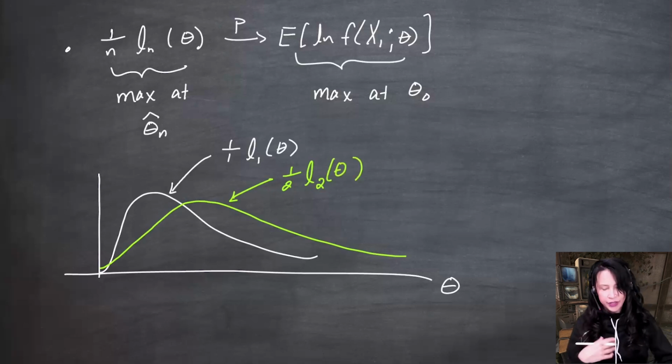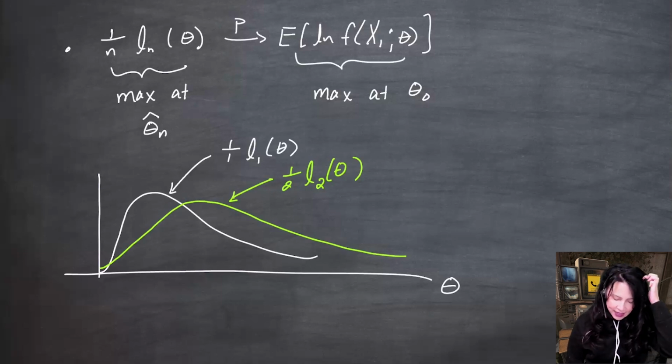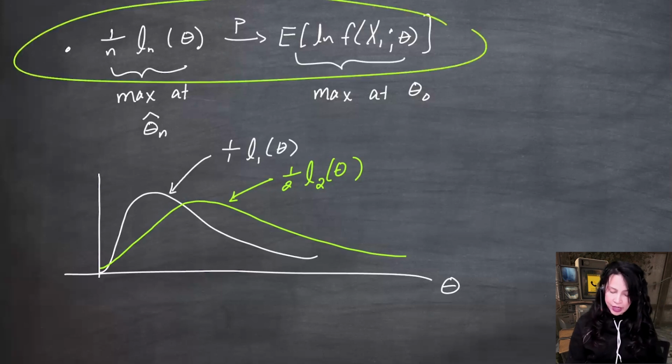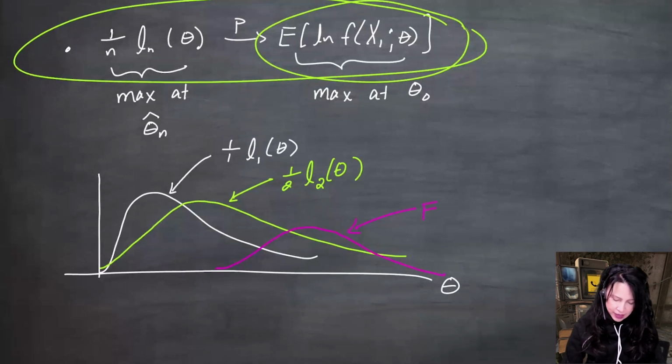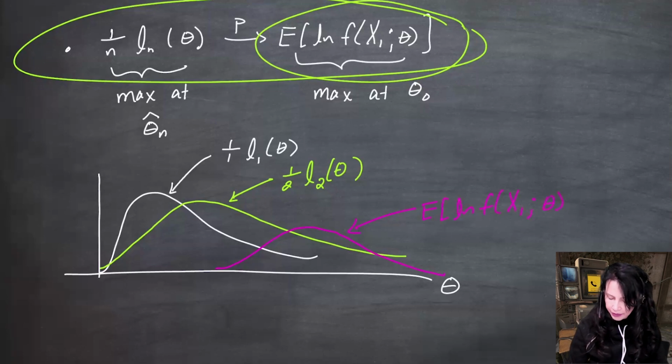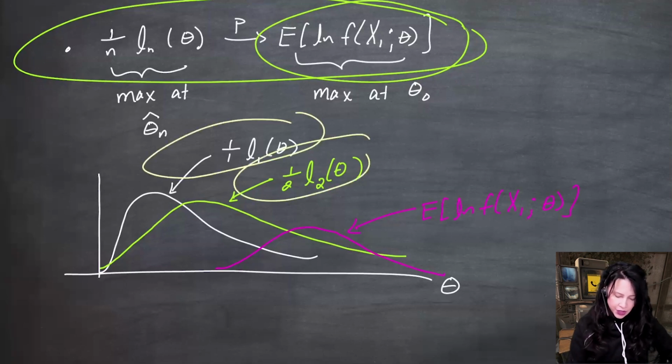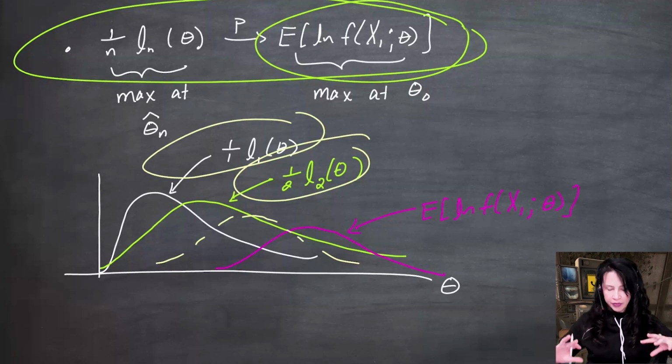And I can draw one with n equals 3. And this is, in some sense, approaching this function of theta. So maybe this is the expected value of the log of f of x1 and theta drawn as a function of theta. The first likelihood, the second, and then the next one, they are moving towards this pink function. That's what the line at the top of the screen is saying.